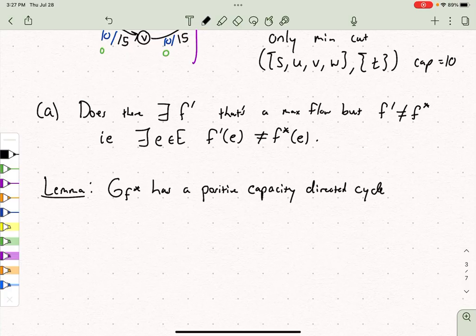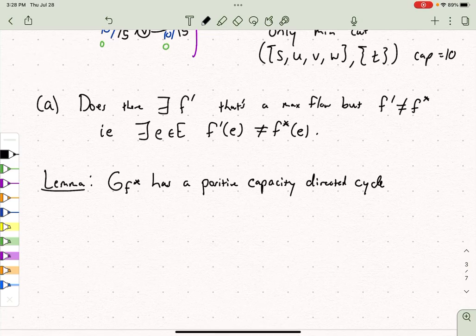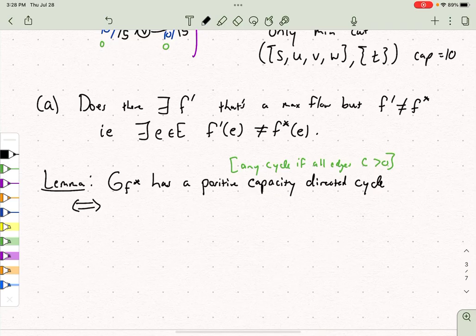So we can find a directed cycle in G_F star of positive capacity, which, if we remove everything with zero capacity anyway, just means any directed cycle where every edge has capacity greater than zero. So the residual graph has a positive capacity directed cycle if and only if F star is not unique.